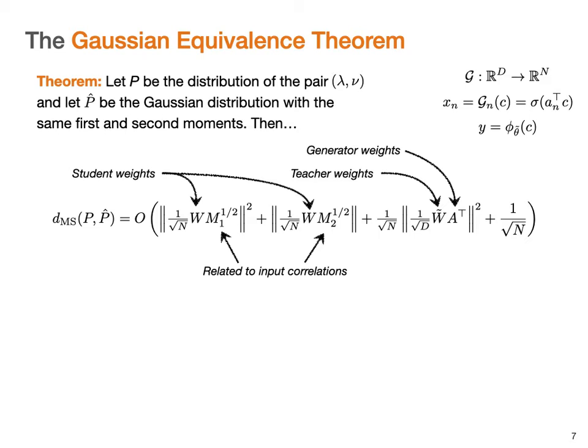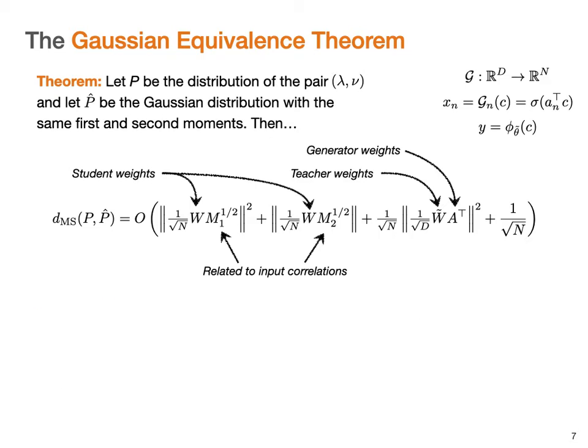And now what this GET tells you is that as long as the weights W don't align too much with the dominant directions of the covariance matrix, the local fields lambda and nu will still be jointly Gaussian. Right? This is a result that holds for any given weight matrix. So any given weight matrix for the student, any given weight matrix for the teacher, for the generator, you can plug those in and see what the scalings are.